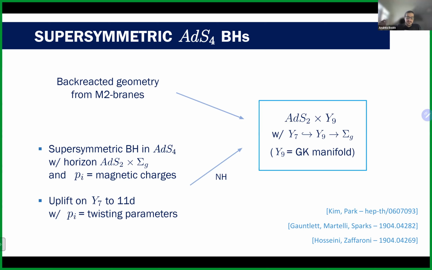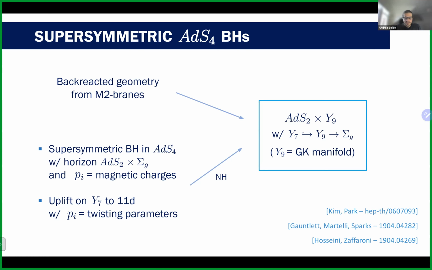Then you can uplift these black holes in 11D on this Sasaki-Einstein manifold Y7 that I told you about before, interpreting the magnetic charges now as twisting parameters for how to fiber the Sasaki-Einstein space on the Riemann surface.